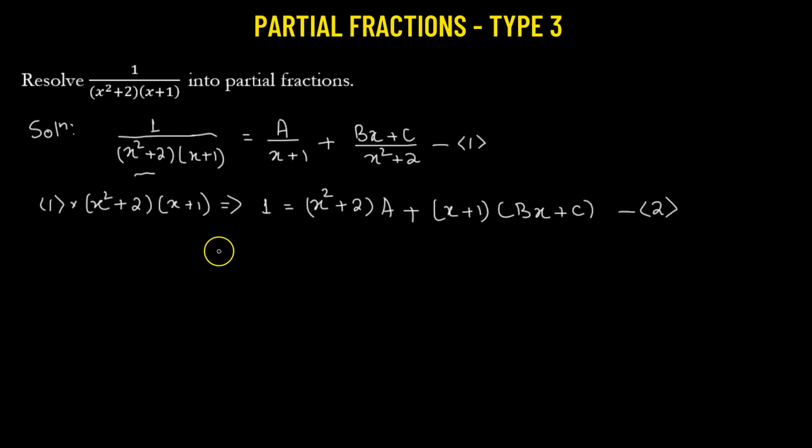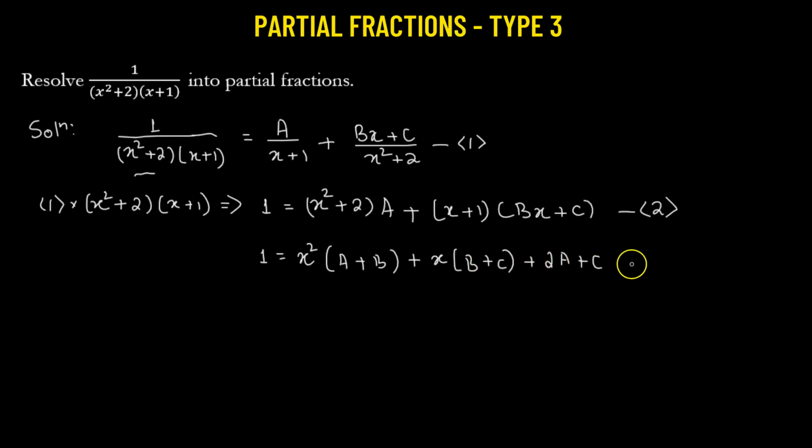Then in the next step, we'll take equation number 2 and simplify the expression on the right hand side and combine all the like terms. So that's going to give us x squared multiplied by (A plus B), plus x times (B plus C), plus (2A plus C).